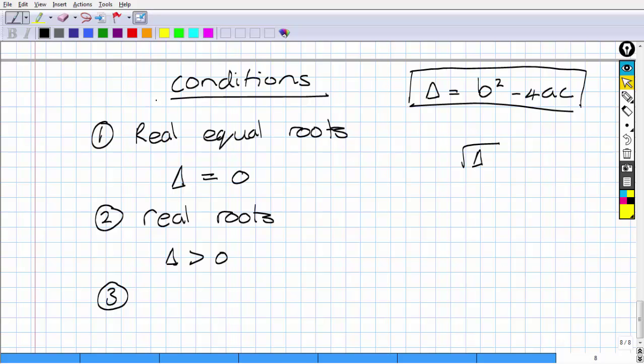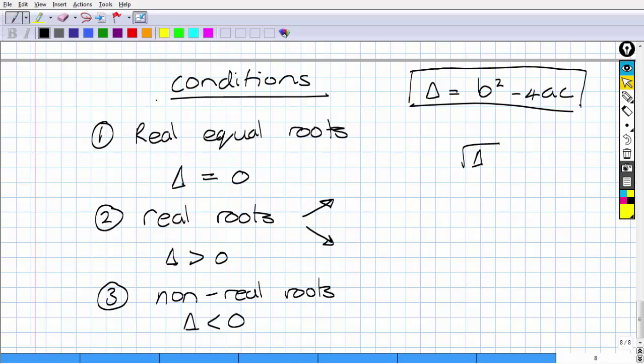And then the other one is we can have non-real roots. And non-real roots, obviously delta is less than 0. You square root a negative number, it becomes non-real. Now in these real roots, we can branch off a little bit, and we can say, well, there are two different types of real roots. There are real rational roots, and there are real irrational roots.